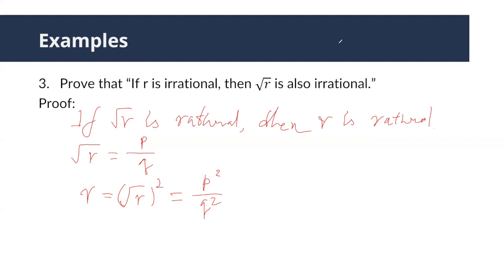And since both p and q are integers, p squared and q squared are both integers as well. In addition, since q is not equal to 0, q squared is not equal to 0 either. So we show that r is a rational number as well. And thus we can conclude the original theorem is true.